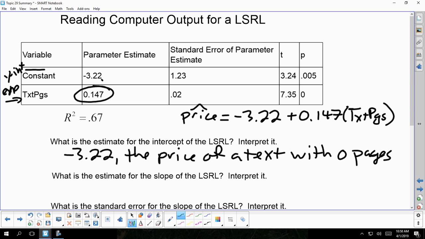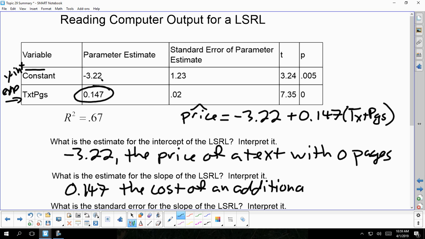And what's the slope? 0.147. The cost of an additional page. Every increase of 1 page in the book, an extra 15 cents is added to the cost.